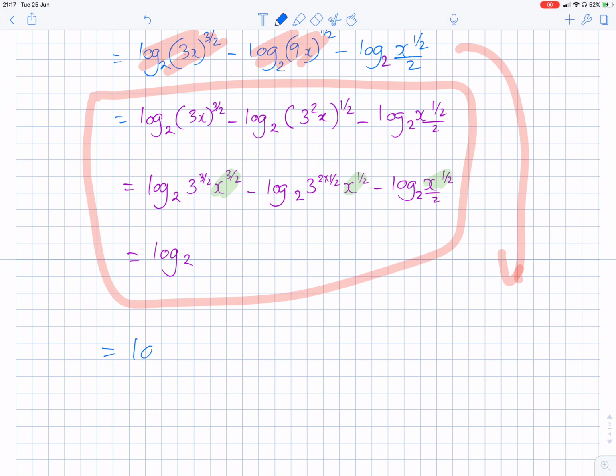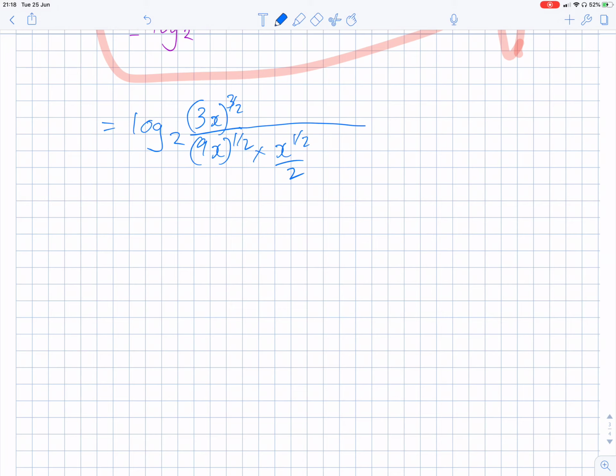So that becomes log to base 2 of 3x bracket to the power 3 over 2 divided by 9x bracket to the power half minus this one, which means we're dividing again, so we can extend this and say times x to the power half over 2. But because this is dividing by 2, we can multiply the 2 at the top.